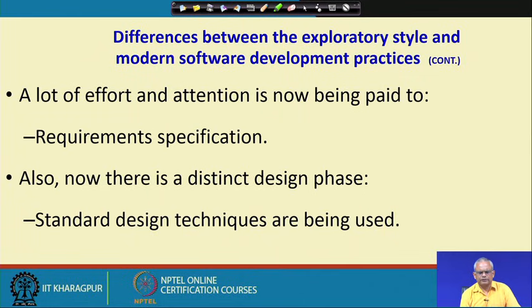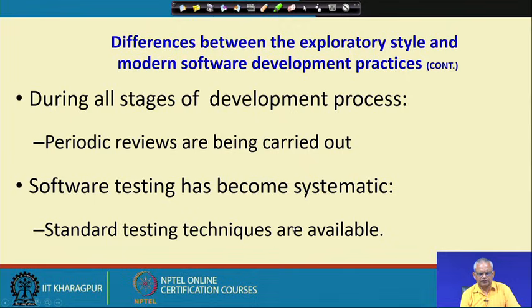Of course, a lot of attention is now given to requirement specification. Then the design has to be done. There are standard design techniques that are available, and at the end of every phase reviews are conducted.